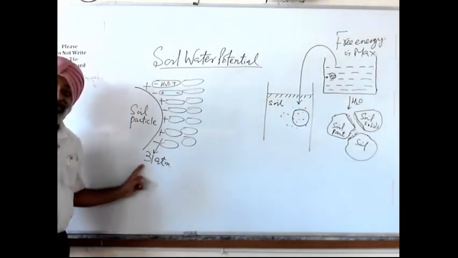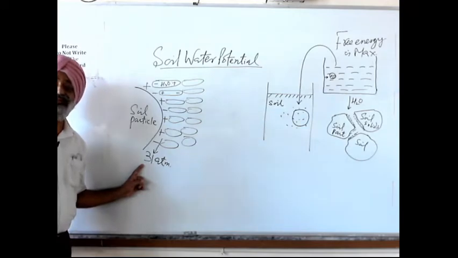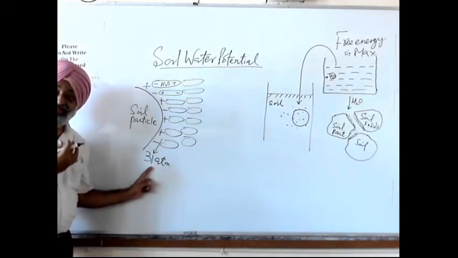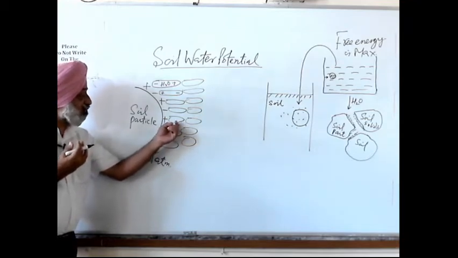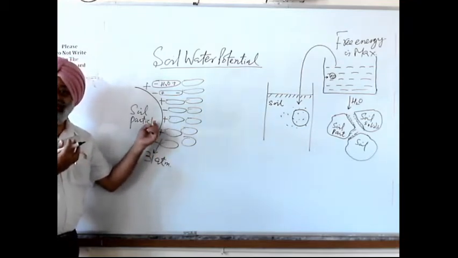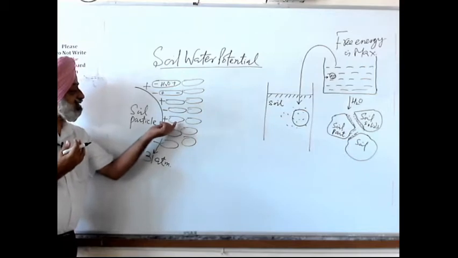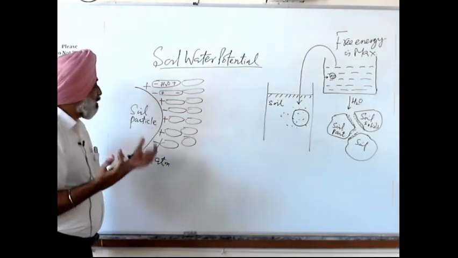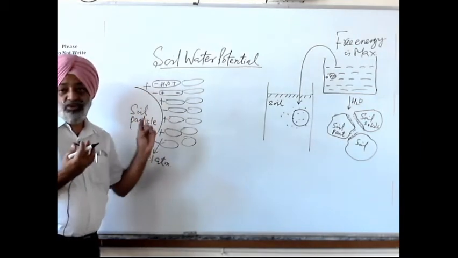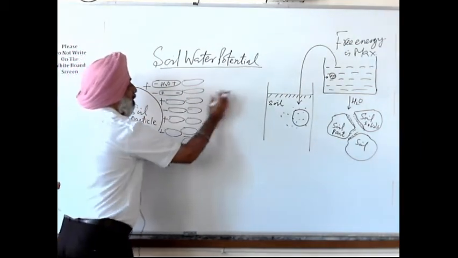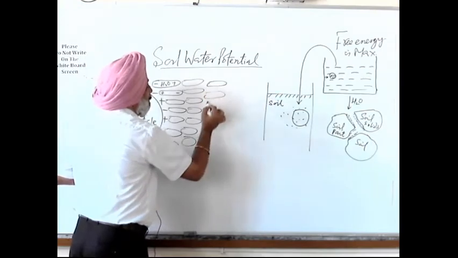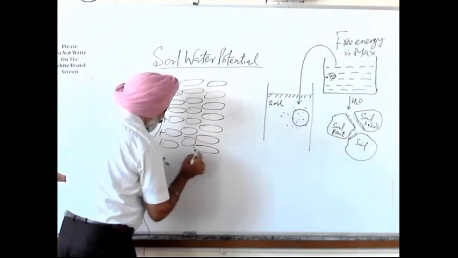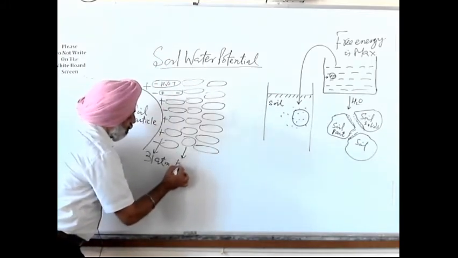You can imagine that if 1 atmosphere pressure is enough to keep blood in our veins, what about 31 atmospheres of pressure with which this water is attracted towards the soil particles? And this water is never available to the plants because plants cannot expend so much energy to take up this water. As you move away from the soil surface, the force of attraction or energy with which water molecules are attracted goes on decreasing.